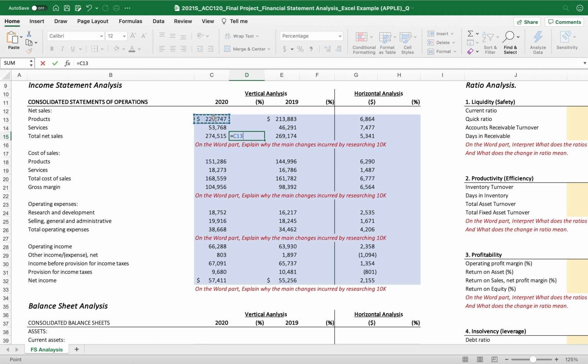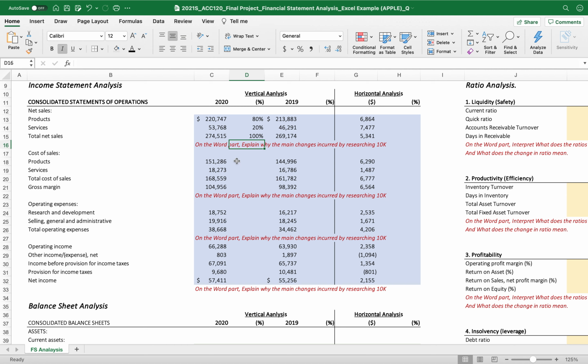So we calculate, for example, like this. Sorry. So Apple has product and service sales. The portion of product sales out of total net sales is 80%, and then the service is 20%, definitely, and the total is 100%.